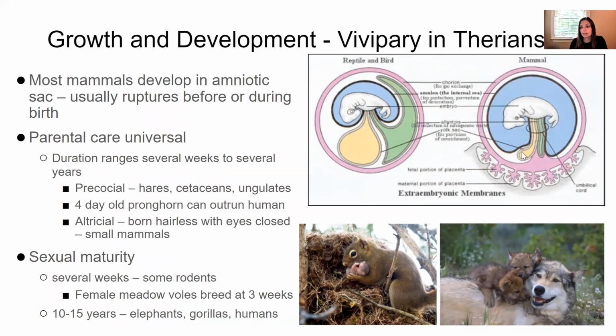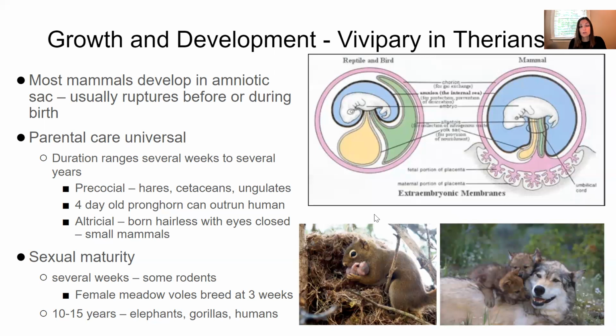So there's amniotic fluid, there's the placenta, which acts for nutrition and for gas exchange. So it's a similar setup to that amniotic egg, but the young is directly connected to the mother.